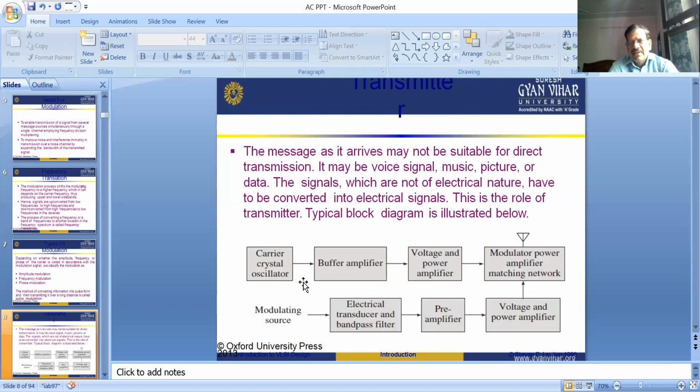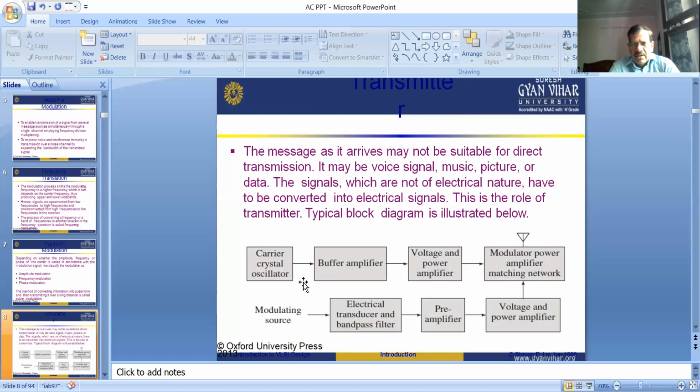In the matching network, the carrier signal is matched with the modulating signal, and that process occurs in the modulator power amplifier matching network. After this network, the signal is again transmitted to the voltage and power amplifier, which increases the strength of the signal.